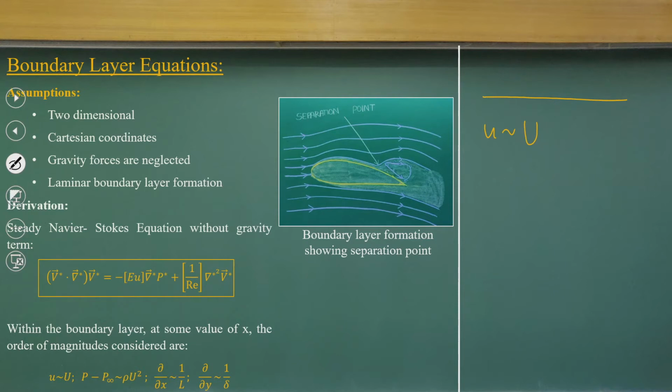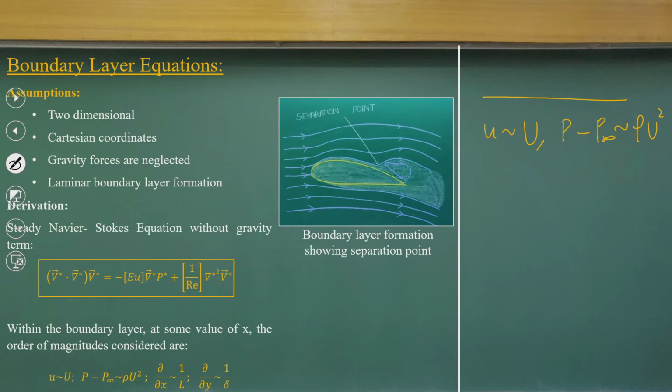The u is not equal to the free stream velocity, but they will have the same order. The velocity component in the x direction will have the same order as the free stream velocity. Okay. Same way, if you look at p at infinity, it will have the same order as rho u square. Okay.